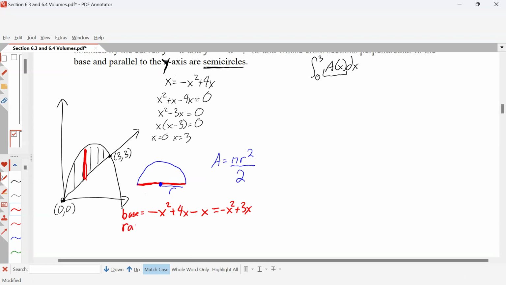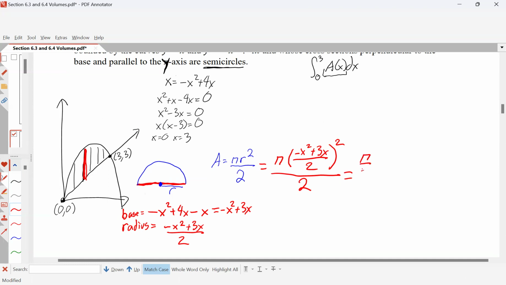That means the radius is half of that. The radius is going to be negative x squared plus 3x divided by 2. Meaning our area function is pi times negative x squared plus 3x over 2 squared all over 2.